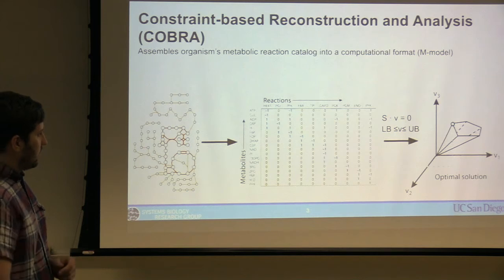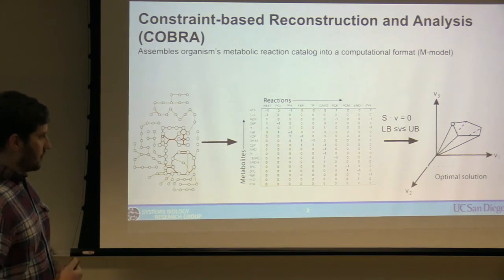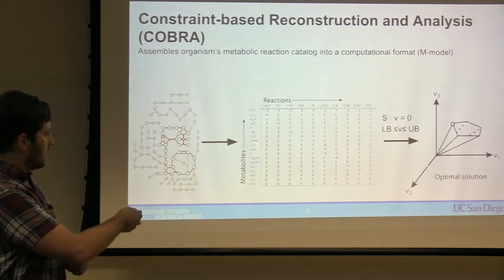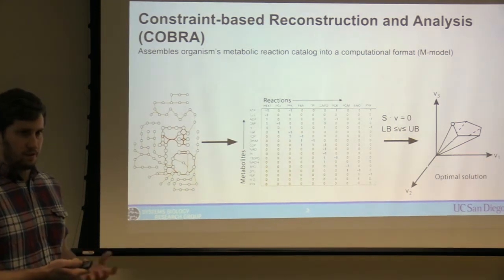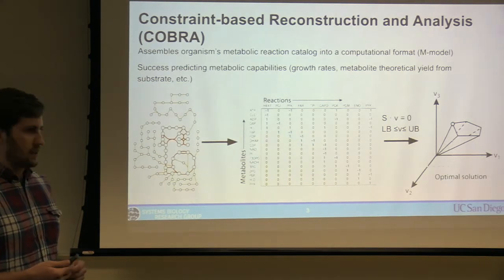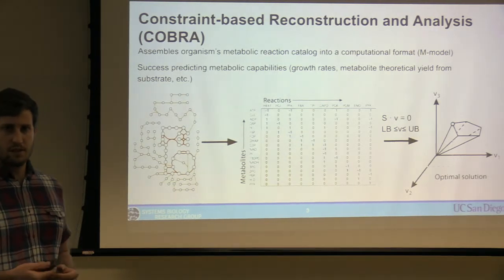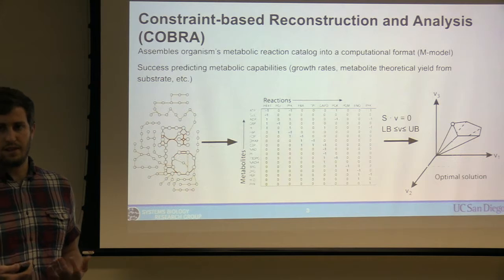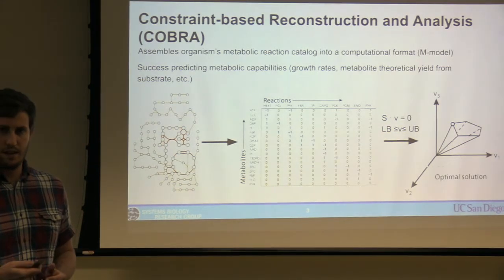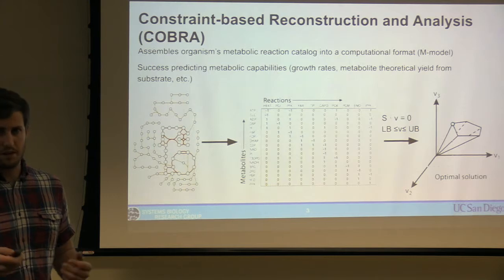It applies constraints, and then using LP-type optimization software, you can learn more about what the organism is capable of. This method has had a lot of success in predicting the metabolic capabilities of an organism, such as feasible growth rates, or the possible yield of a metabolite from a certain carbon substrate, among many other things.